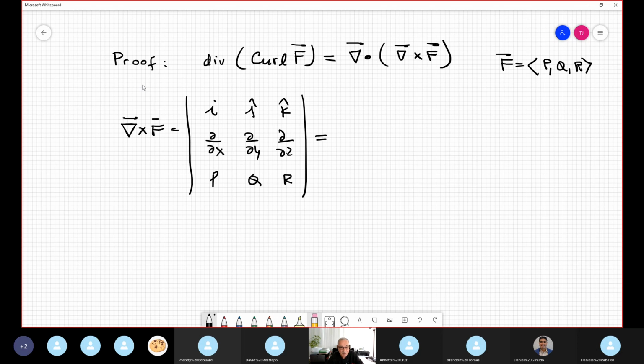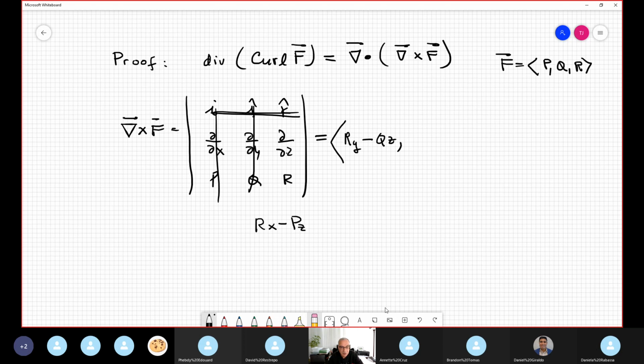Okay, so in this case, the first component, for i, is R y minus Q z, comma, and for j we change the sign. So it's minus, partial this, R x minus P z.